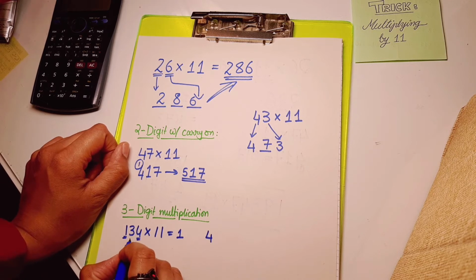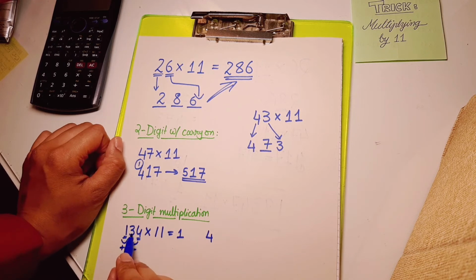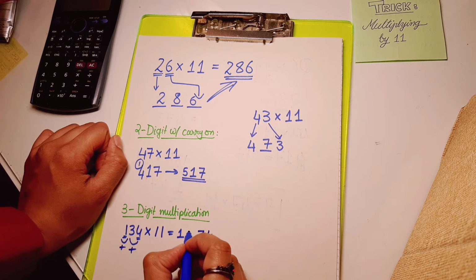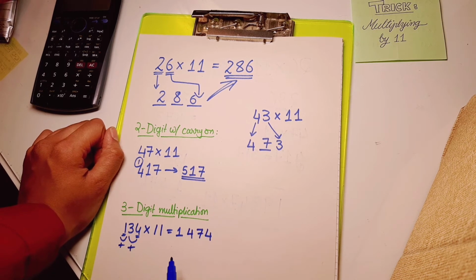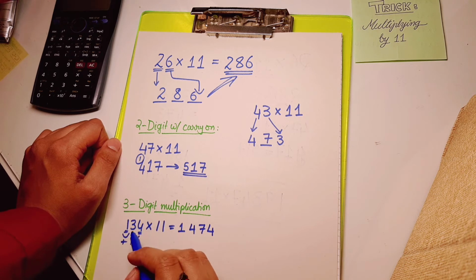And then what we do is we add these two numbers, right? So we have 3 plus 4 would give us a 7, and 1 plus 3 would give us a 4, right? And this is the answer, right? In a three-digit multiplication, you could also have carry-ons as well for different numbers.